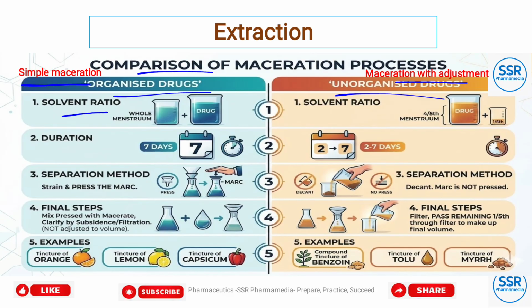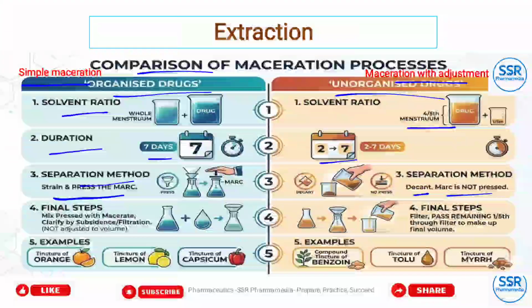Solvent ratio: whole menstruum plus drug, here 4/5 drug and 1/5. Duration 7 days, here 2 to 7 days. Separation methods: strain and press the marc, here decant and marc is not pressed. The final step: the mixed pressed liquid is macerated and clarified by subsidence and filtration, and here filter and pass the remaining 1/5 through the filter to make up the final volume.